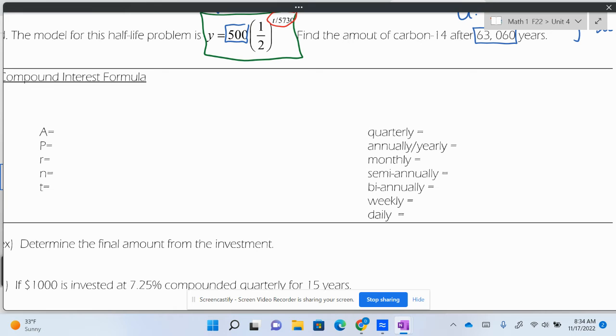Some loans are compounded quarterly or annually or monthly. So I want to write the formula out for you first. The formula for compounded interest is capital A equals capital P times the quantity 1 plus R divided by N, to the power of N times T.